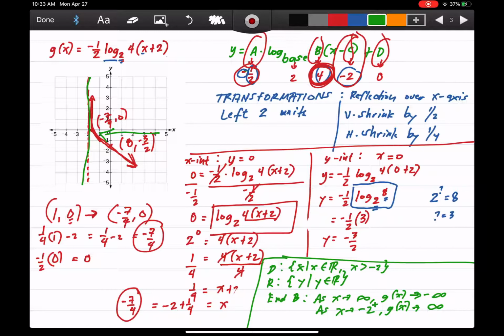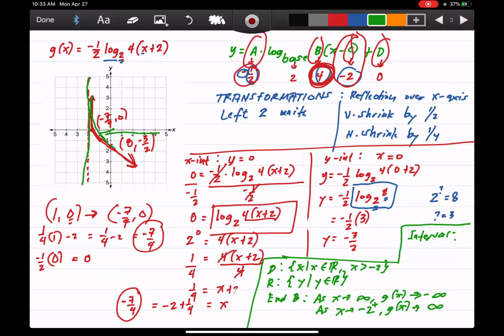One more thing, the interval. As you can see, the graph is decreasing from left to right.